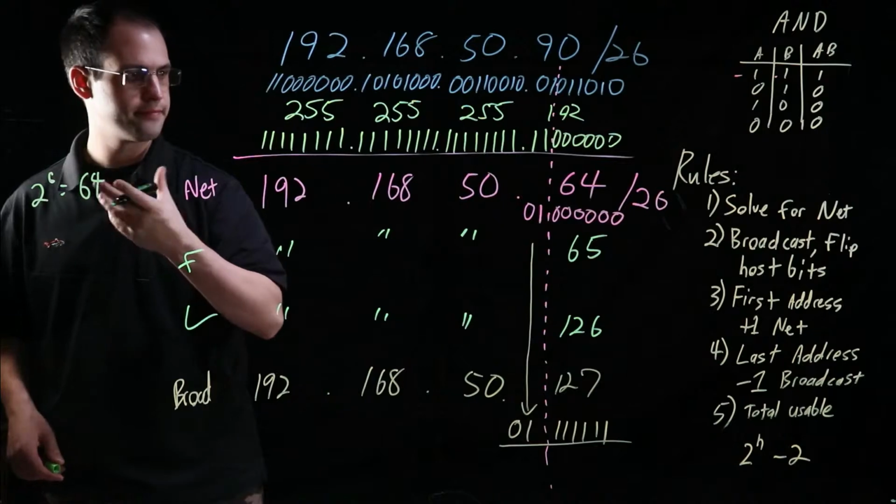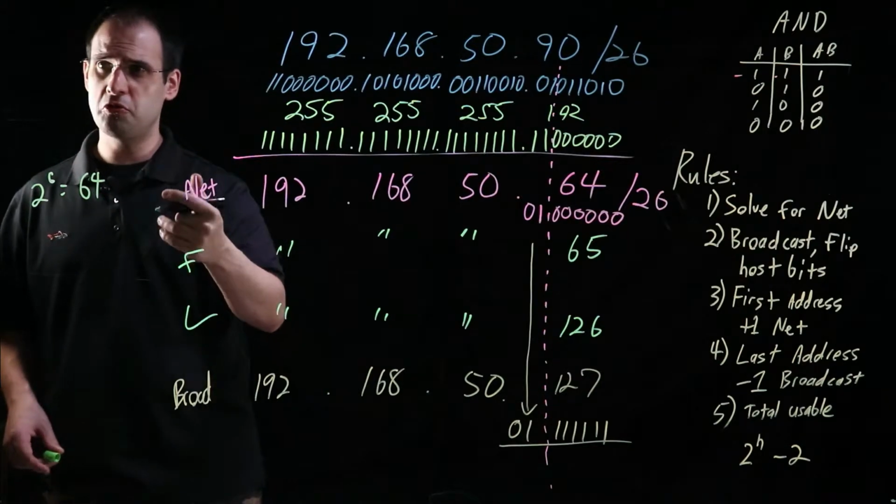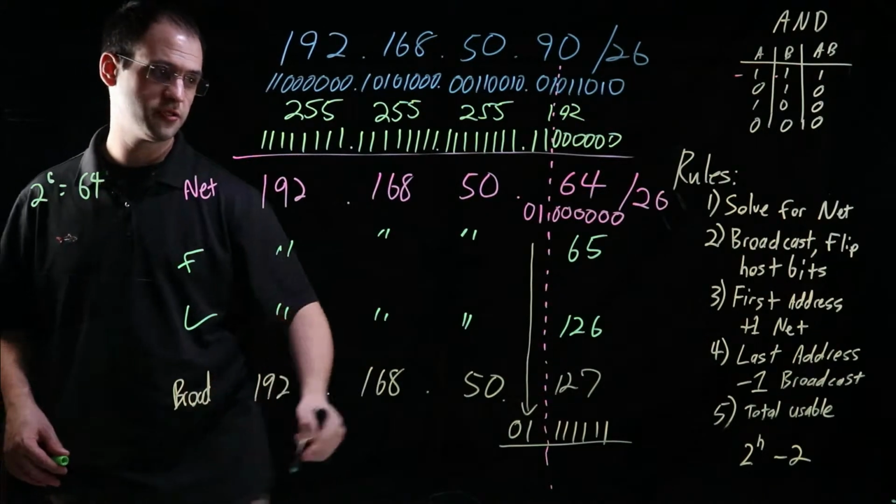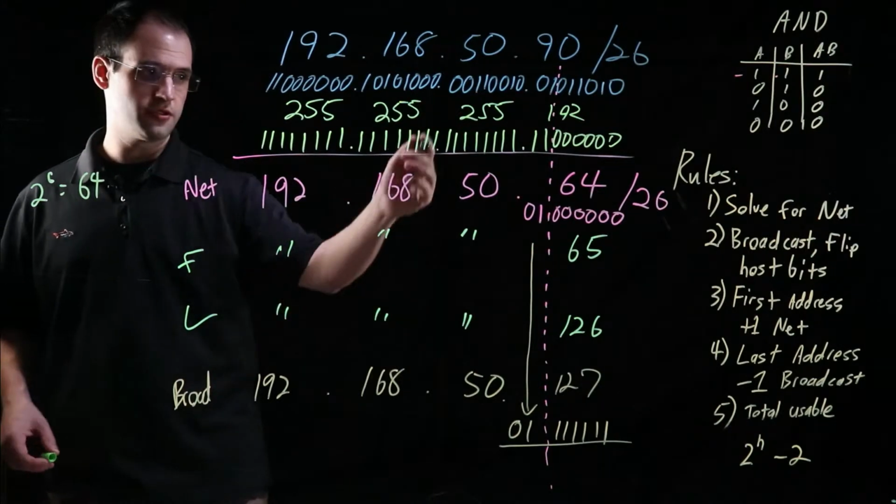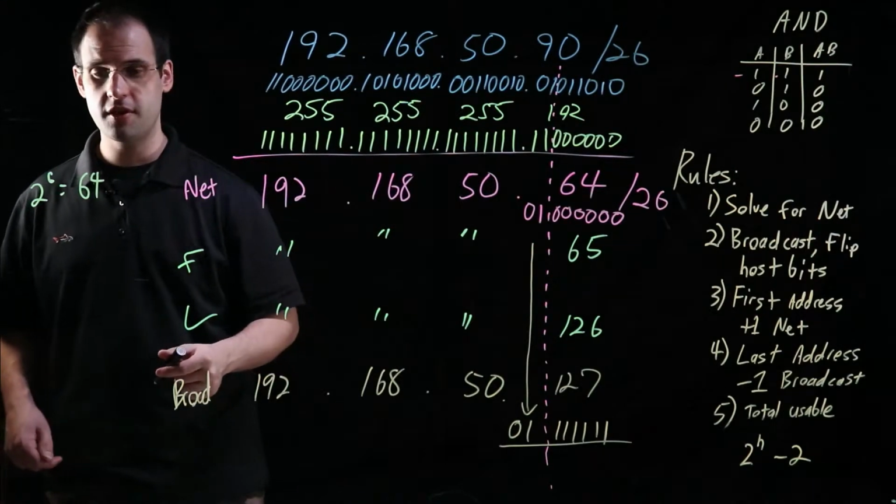And then, of course, minus 2, we have 62 total usable addresses, 65 to 126. 64 is the network, 127 is the broadcast.